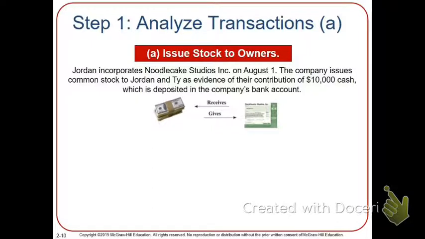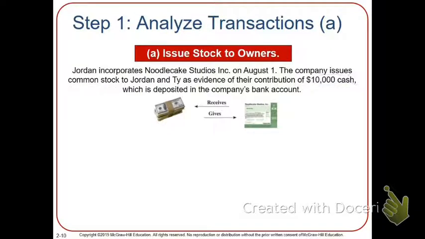Did a transaction or an event take place to that company? Did two things happen? Well, one, their cash went up. They got cash. And two, they issued stock. So yes, a transaction took place.